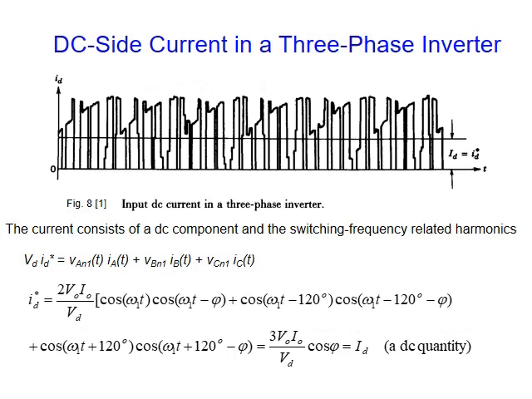For DC side current, you remember when we discussed single phase, we mentioned that there are two components. One is the DC component of the DC current, rippling current, and the second one is the AC component, which has double the fundamental frequency.